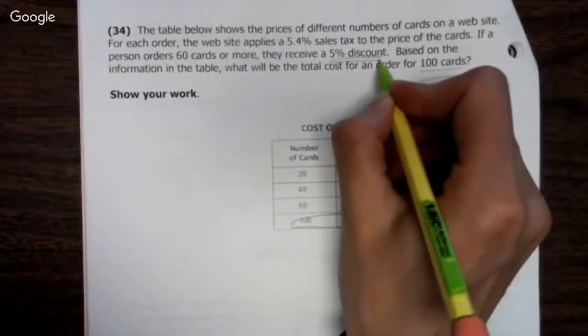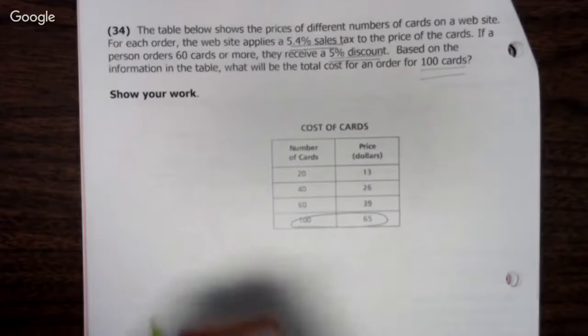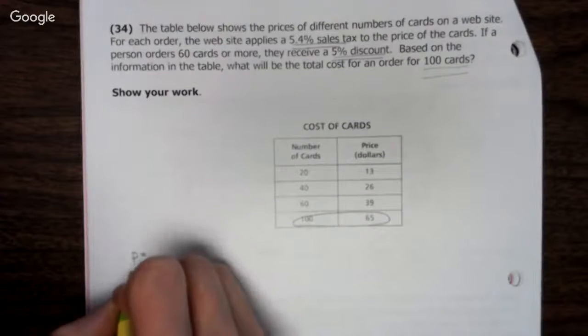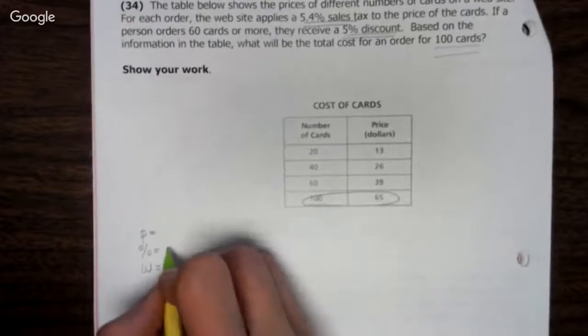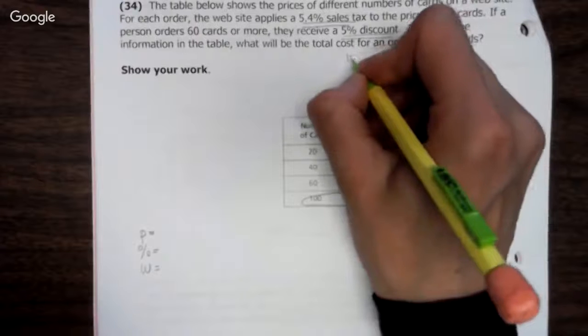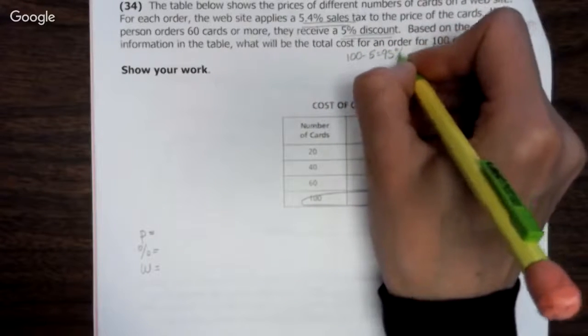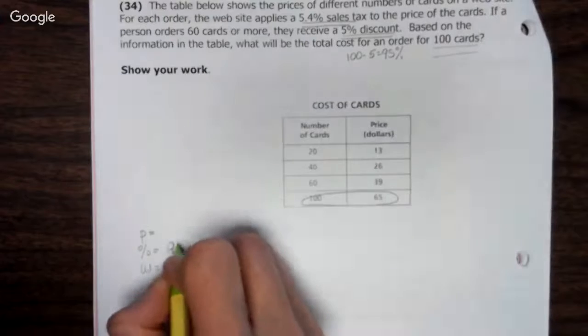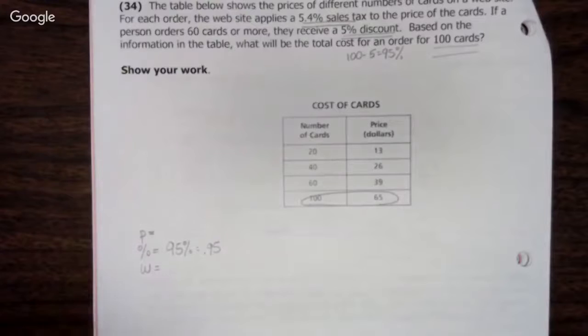Now, you do receive a discount because it's over 60, and you do have to pay sales tax. So 2 percentages is 2 problems. Let's start with the first one. So we're going to do the 5% discount. Now, remember, if it's a discount, you're going to subtract it to find the percentage that you pay. So we're actually paying 95%, which is 0.95.